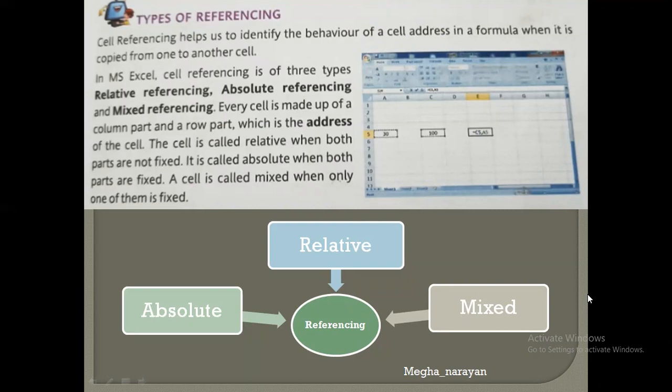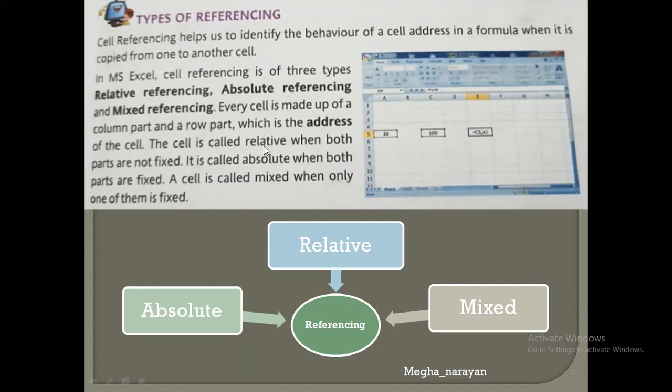Every cell in MS Excel is made up of a column and a row, which together form a cell address, or you can say the address of a cell. In these cell addresses, these three sorts of referencing lie. Here the content is written, and I will teach you each one of them in detail with examples, but still, let us have a quick reading of these three lines.